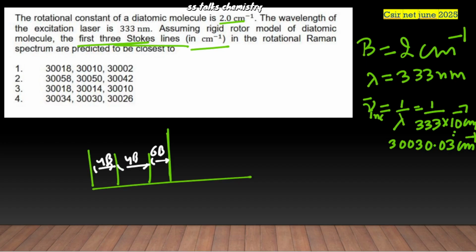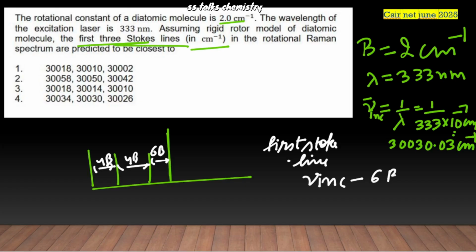right? So from the incident one, the first Stokes line that you will be getting will be nu, which is the incident, minus 6B. So we will be getting 30030.03 minus 6 into 2, right?